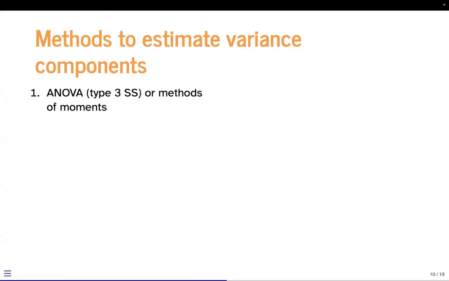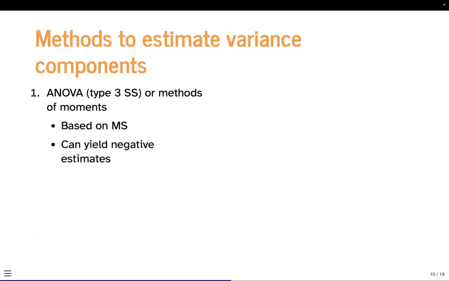This can be used to estimate variance components for random effects. It's based on mean square decomposition. We talked about this when we saw that ANOVA table in the lecture for RCBD. I did not show you formulas, but we talked about how the mean square is the ratio of the sum of squares of that factor divided by the number of degrees of freedom.